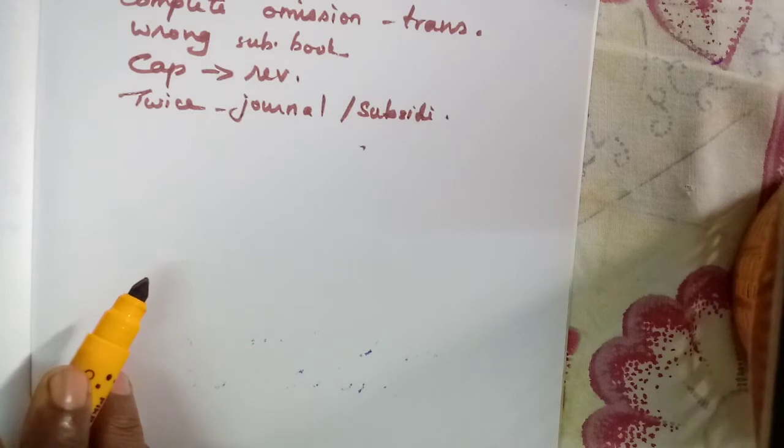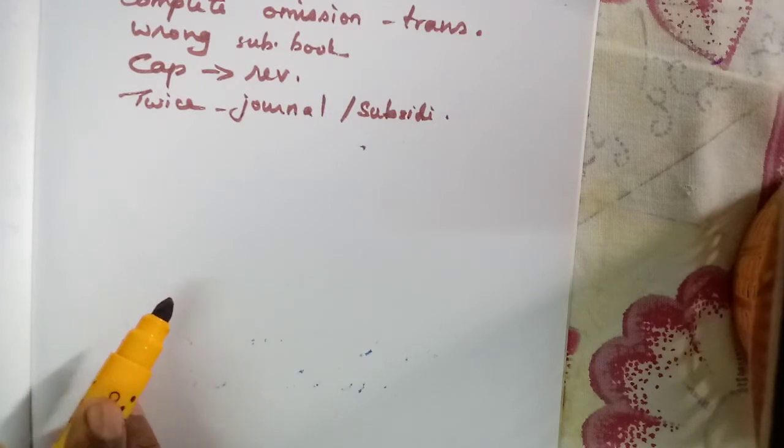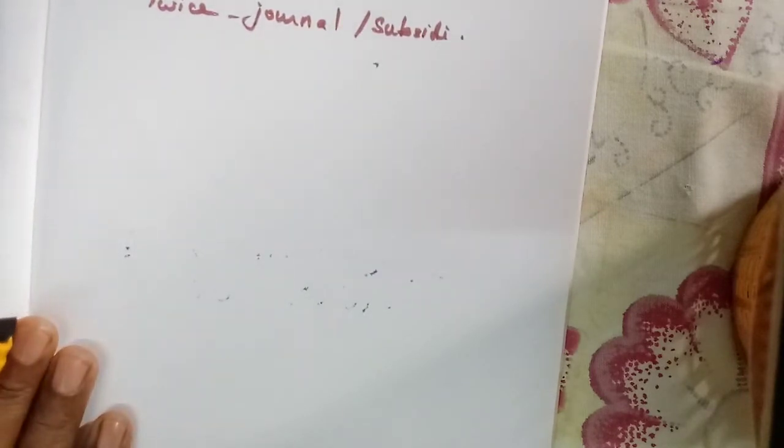Then if the difference amount is 100,000, we need to check the total of the subsidiary book. Or if the difference amount is divisible by 9, for example 120, sometimes instead of 450 we might have written 540.